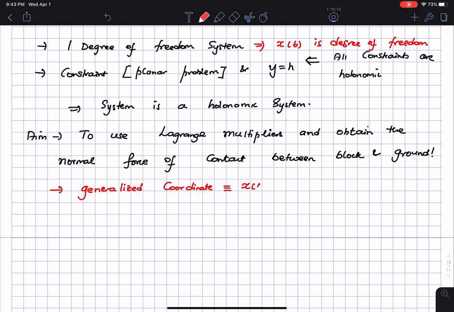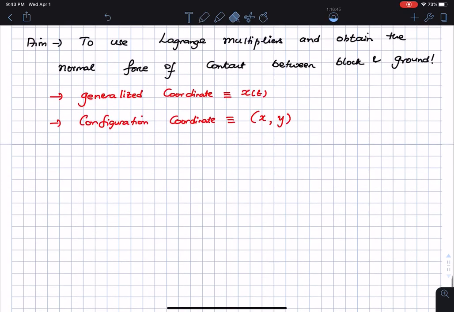But if I want, I can say the configuration coordinate is actually x and then y, and the constraint is y is h, and so this is why we have x of t as the generalized coordinate. So this is the configuration coordinate.